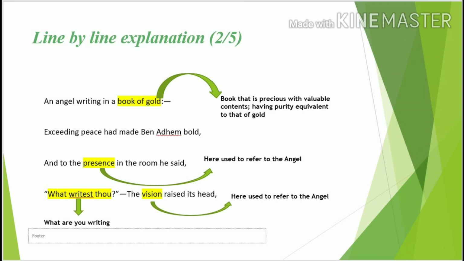And exceeding peace had made Ben Adhem bold, meaning Ben Adhem had done no wrong in his life. He had led such a simple life. He had always chosen the right over wrong, the truth over lies, and that's why he was so filled with peace and purity that he had this sense of courage.